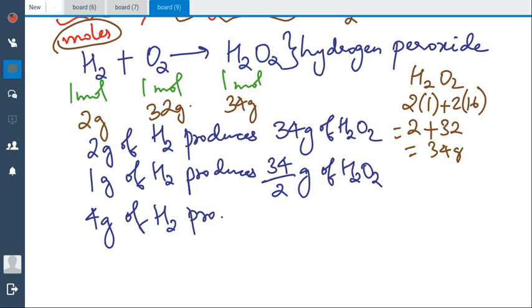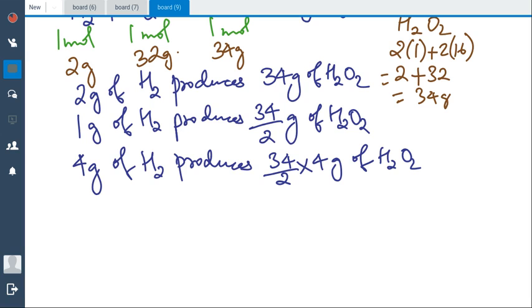So 4 grams of H2 produces 34 by 2 into 4 grams of H2O2. This is equal to 68 grams of H2O2. Easy? Okay.